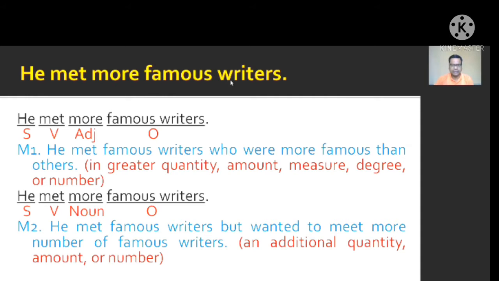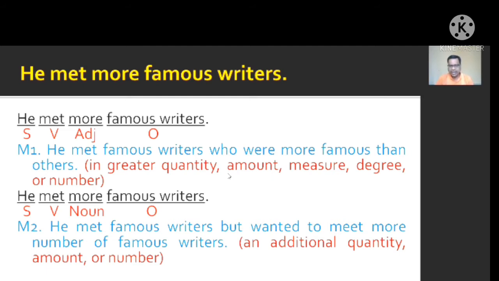See now, there is another possible meaning of this sentence here. He met more famous writers. He, third person, singular number, functioning as subject of the sentence. Met, V2, functioning as verb of the sentence. Now in this case, I am calling more a noun.